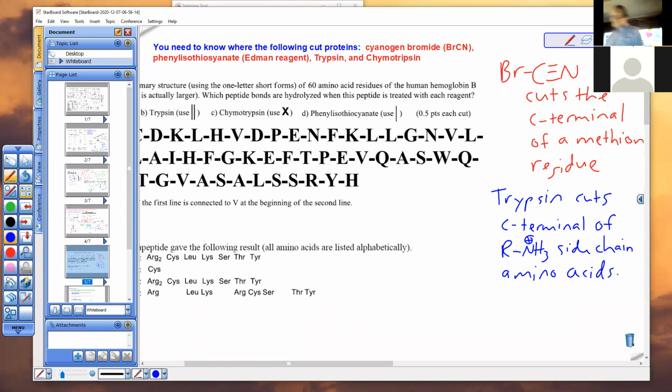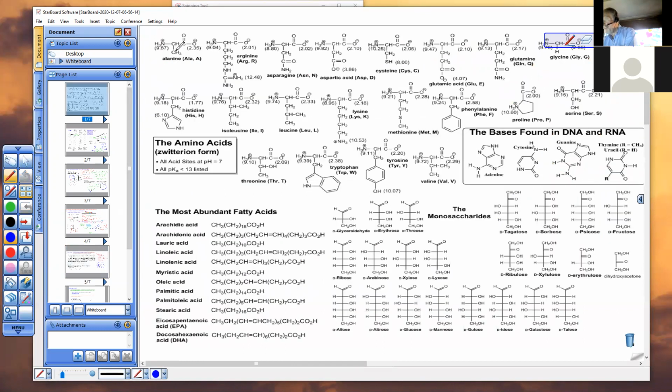So side chains are the chains sticking off the bottom of all of these. It's where there's variation. Methyl side chain, CH2, CH2, CH2. Here's an NH2 plus. That's not qualifying. There's two with NH3 plus. There's lysine. Well, I take it back. NH3 plus or NH2 plus both work.